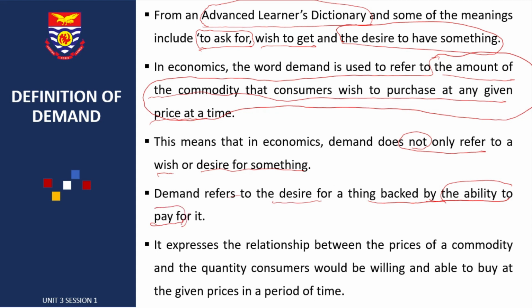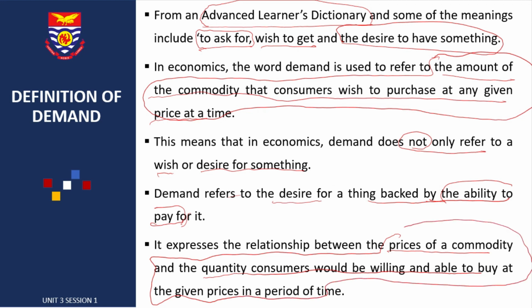In short, demand expresses the relationship between prices of a commodity and the quantity consumers would be willing and able to buy. So we are looking at the relationship between prices of commodities and the quantity you are willing to buy at a given price in a particular period of time.